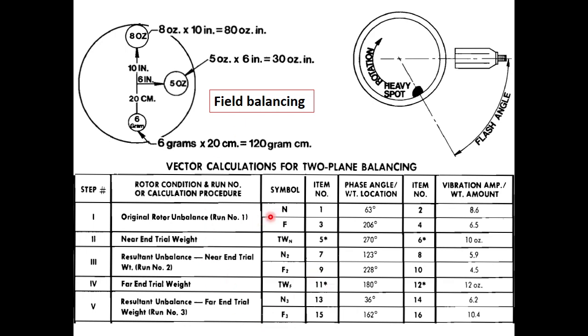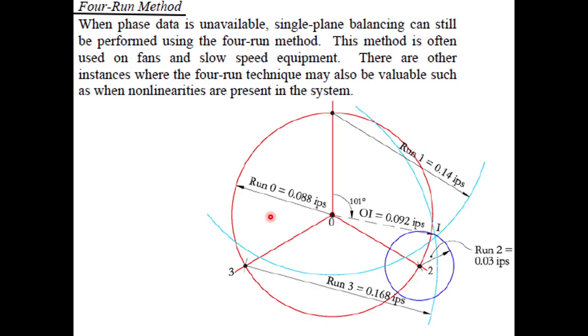There is something like a 4-run method, etc. So you see, in field balancing, some more number of runs are required. With some given unbalance, run 0, then run 2, run 3. They are getting some reading corresponding to each run.